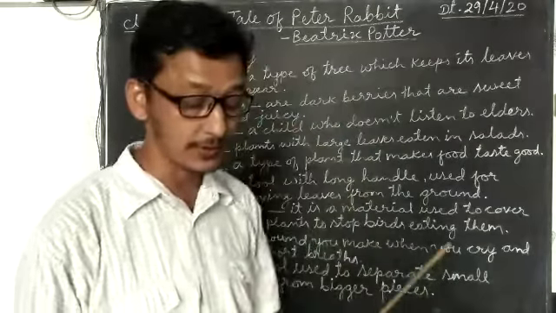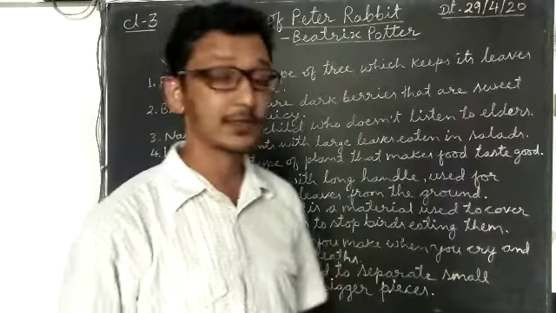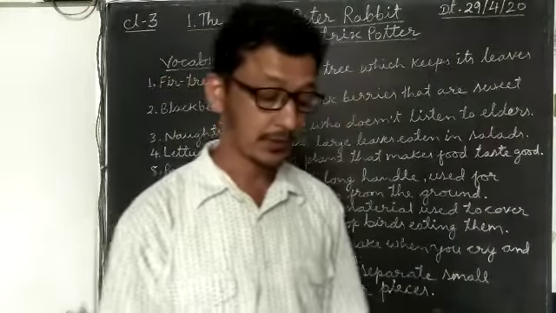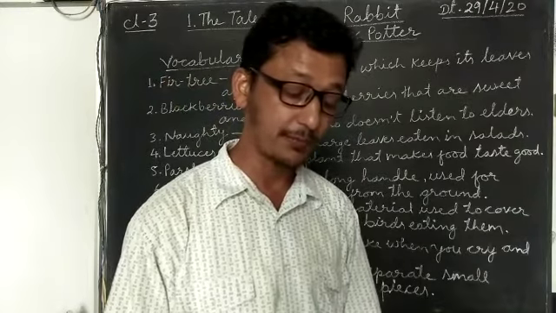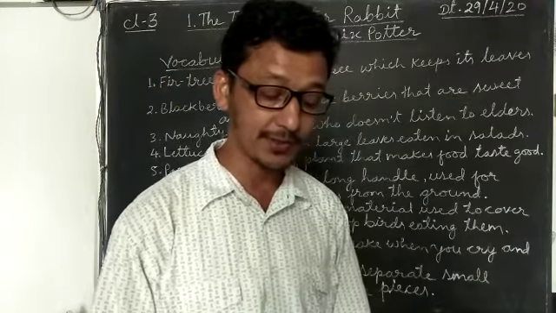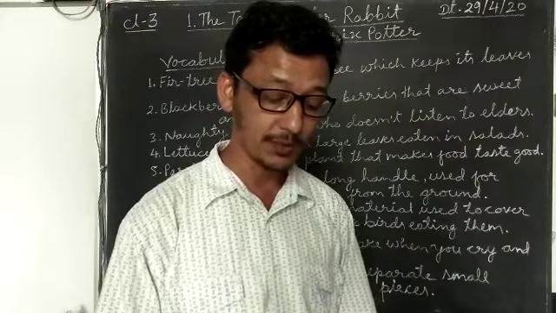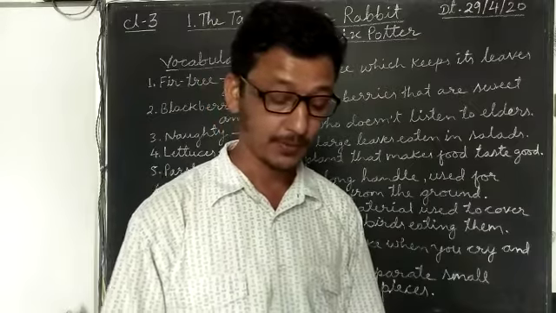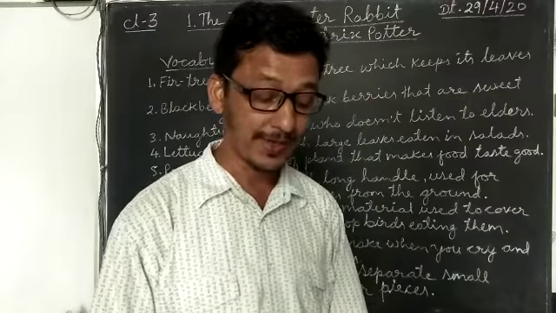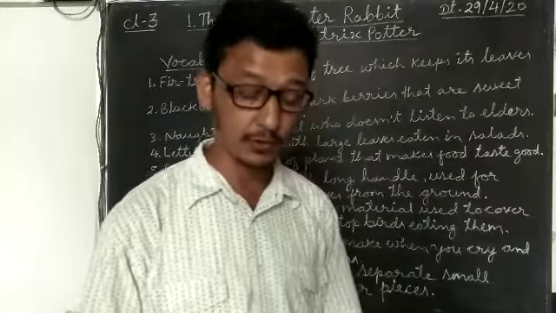Now let us say about the story of the Tale of Peter Rabbit in short. The Tale of Peter Rabbit is a children's book written and illustrated by Beatrix Potter and follows mischievous and disobedient young Peter Rabbit as he gets into and is chased about the garden of Mr. McGregor.